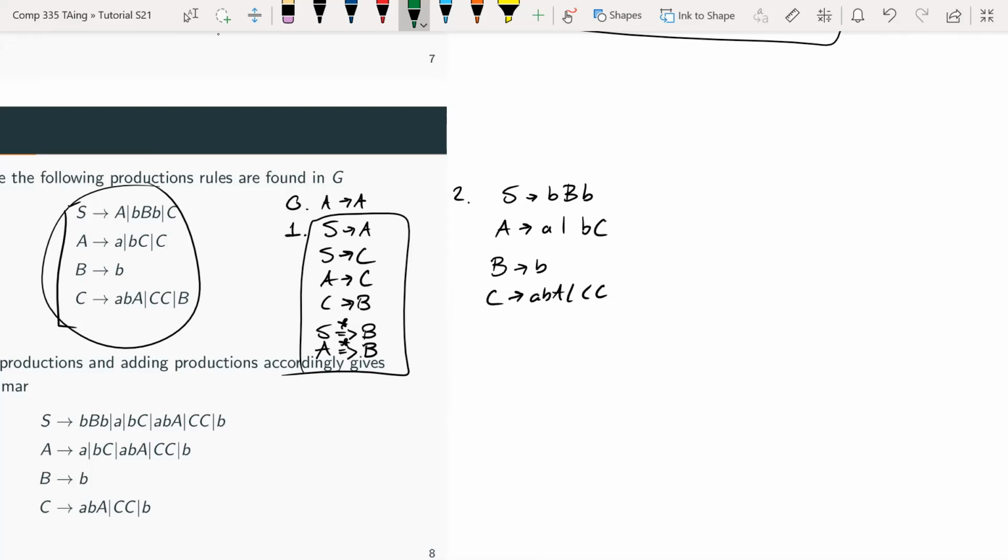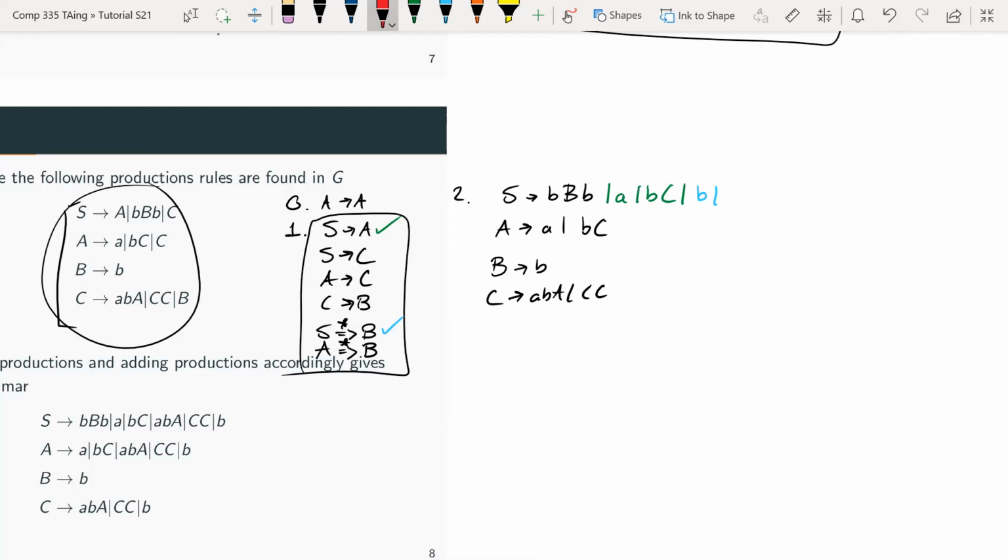Okay, so here I know that S gives me A, so I'm going to add the production rules of A to S, so A and BC, right? Then I know that S gives me B, so I'm also going to add the production rules for B. Okay, it's a poor choice of colors, but whatever.